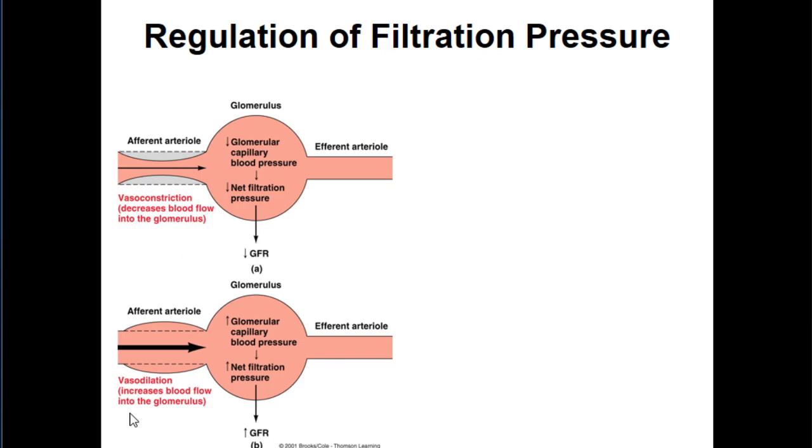If you have vasodilation of the afferent arteriole, which will increase the blood flow into the glomerulus, the glomerulocapillary blood pressure increases, and the net filtration pressure increases as well, which will lead to an increase in GFR.